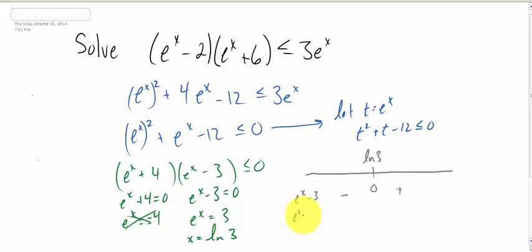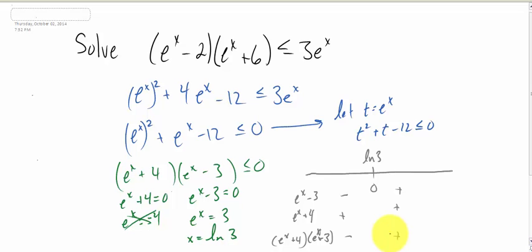e^x plus 4, if I pick something smaller than the natural log of 3, is positive. And on that side, it's also positive. So when I multiply them together, (e^x plus 4)(e^x minus 3), to the left of natural log of 3, we have a negative product.